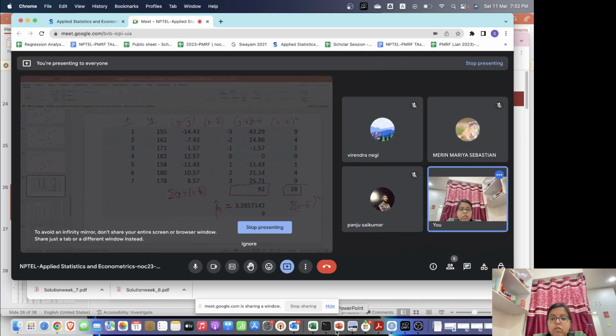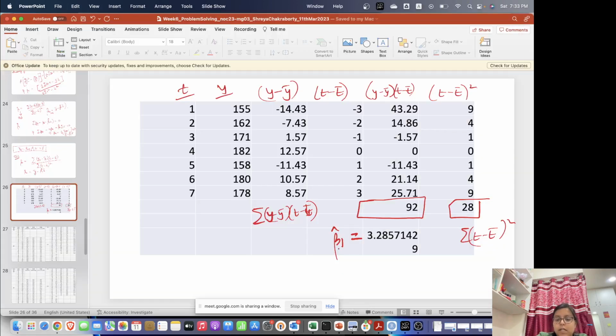Okay, so once we have beta 1 hat, then beta naught hat would be y bar minus beta 1 hat into t bar.